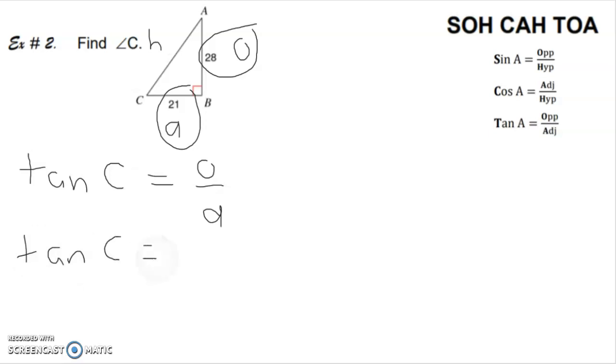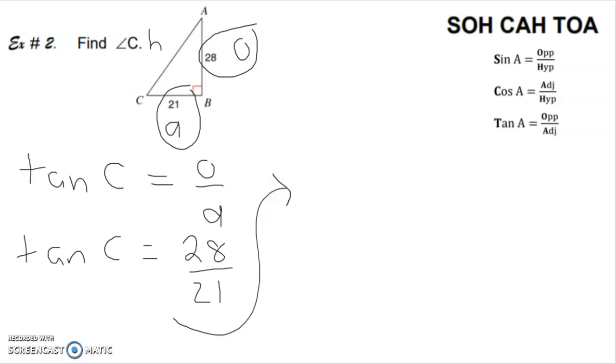Tan C is, and in this case, we have opposite is 28. So opposite is 28 divided by the adjacent. The adjacent is 21. So we're going to put in a 21. And next step, I'm just going to write it over here because I'm running out of room.